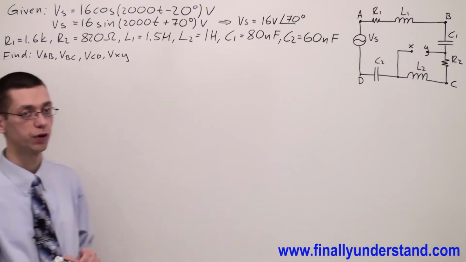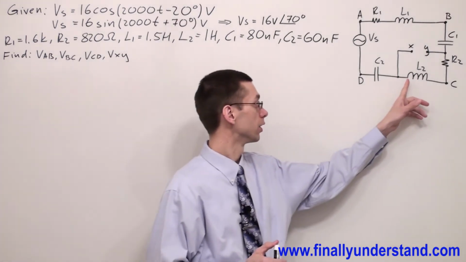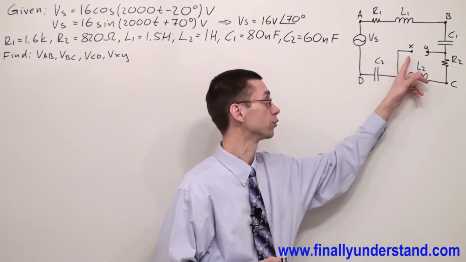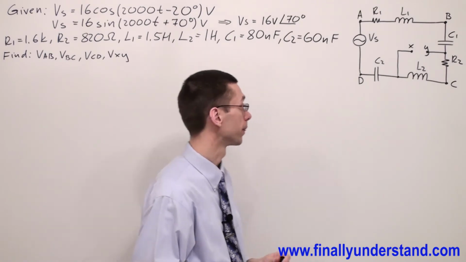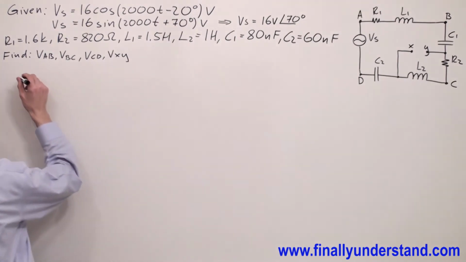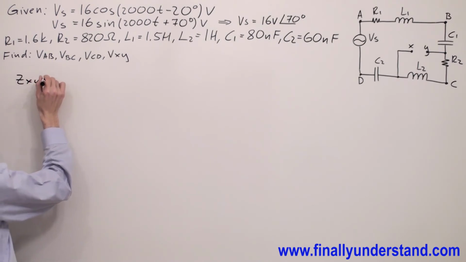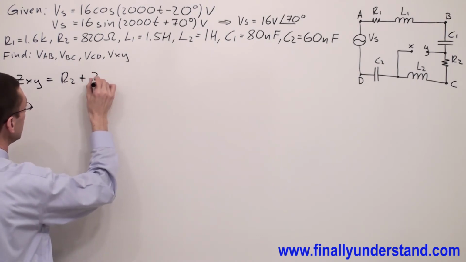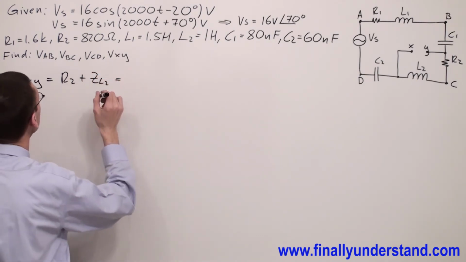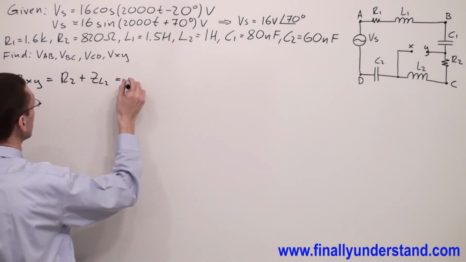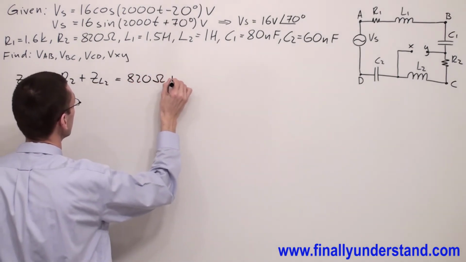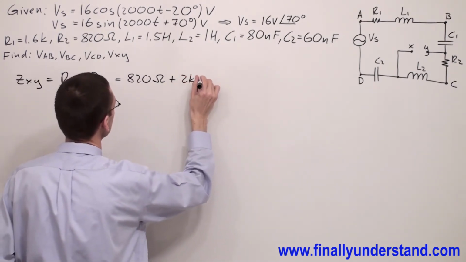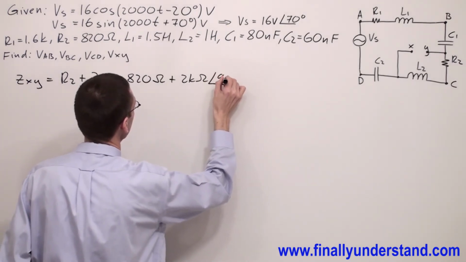Now we are going to find the impedance of these two components together, I mean R2 and L2, because we have to find voltage XY. So ZXY is equal R2 plus ZL2, where R2 is equal 820 ohms plus ZL2 is equal 2 kilo ohms and angle of 90 degrees.